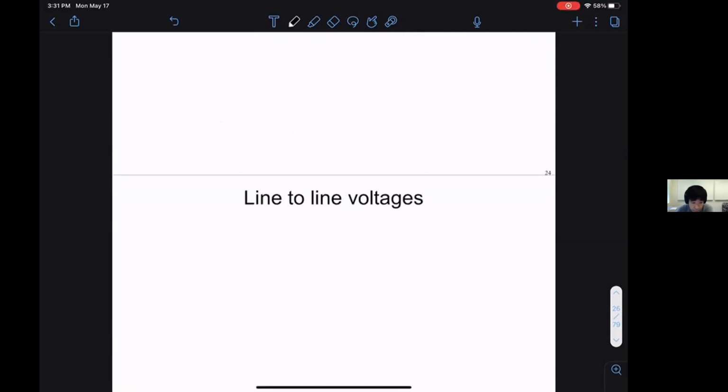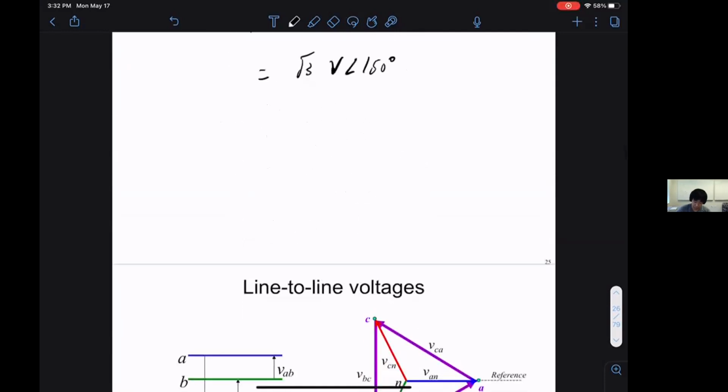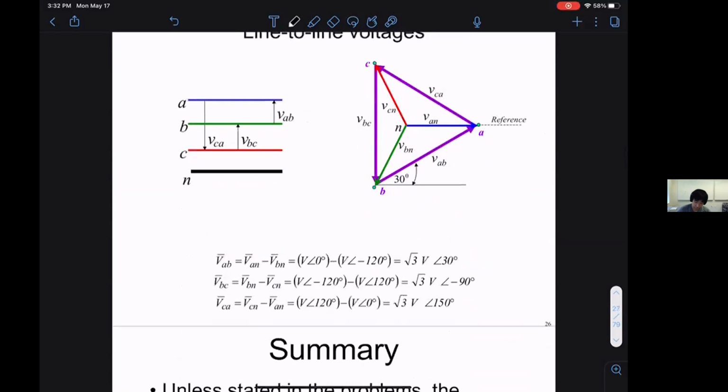And the same for C: this is VCA, which is VCN minus VAN, giving √3 V angle 150 degrees. So the line-to-line voltage is √3 higher with a shift of 30 degrees. This is a summary of calculations.